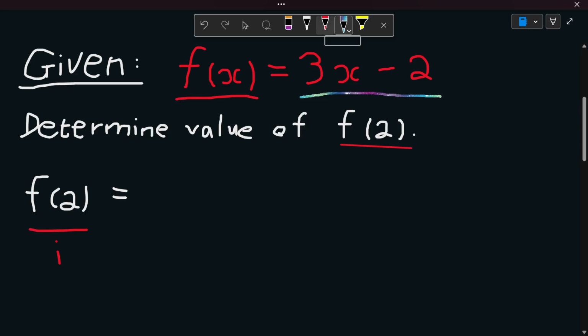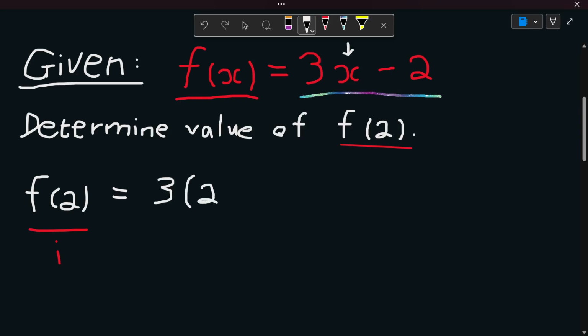We know that the 3 will stay the same because obviously that is not our x value. So let's write 3 down. Next to the 3 is the x. When we replace the x with the 2, as you can remember, you must make sure that you always place it in brackets.